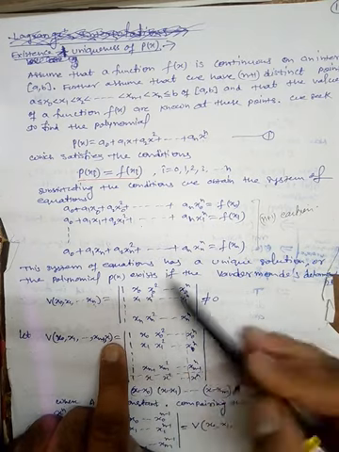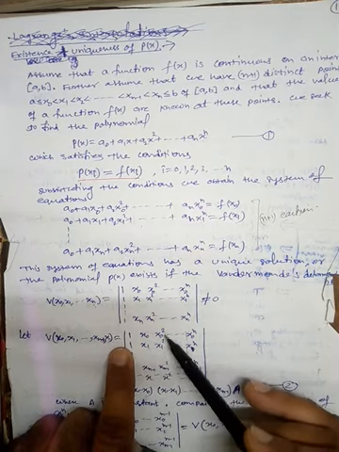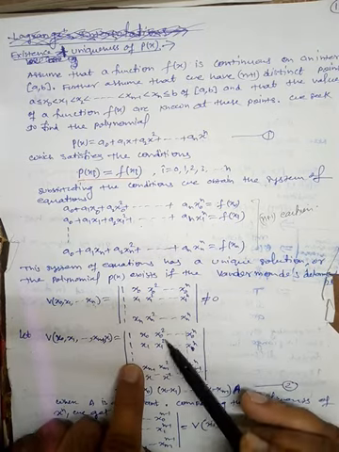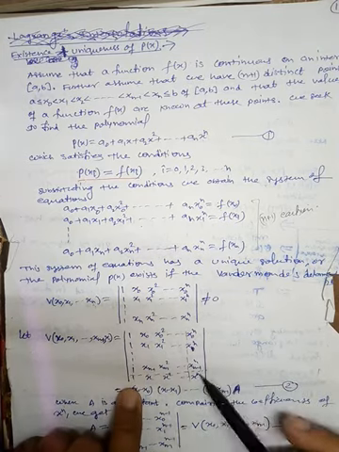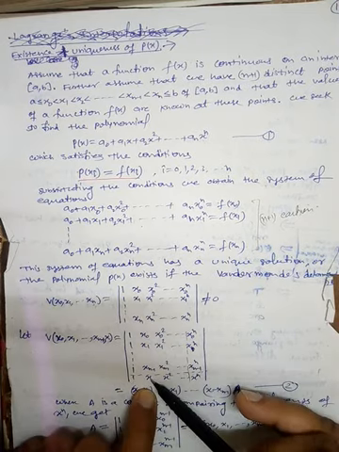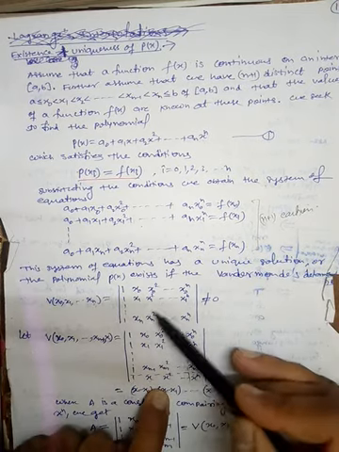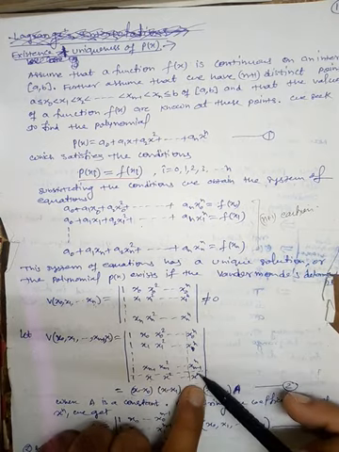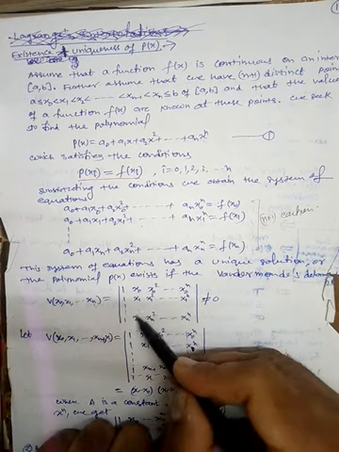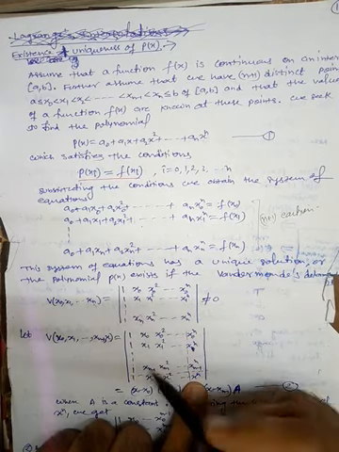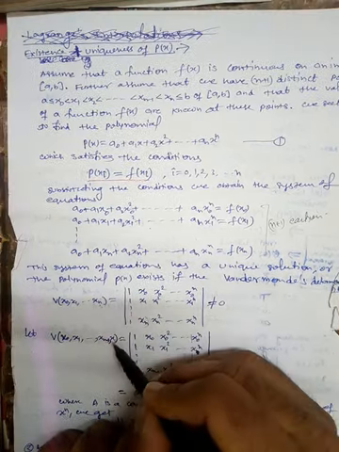So then this determinant will be what? 1, x naught, x naught whole square, x naught raised to the power n; 1, x1, x1 whole square, x1 raised to the power n; and the last row will be 1, and xn is replaced by what? Simple x. So xn whole square means x square, xn raised to the power n means x raised to the power n.